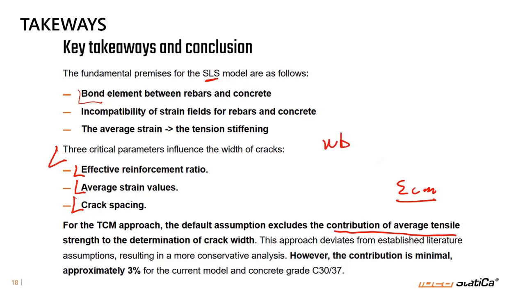So the crack width is in general epsilon m minus epsilon cm times sr0, and this member is neglected, and crack widths are calculated with epsilon m and sr0. So the deviation is approximately 3% if you calculate it with or without.